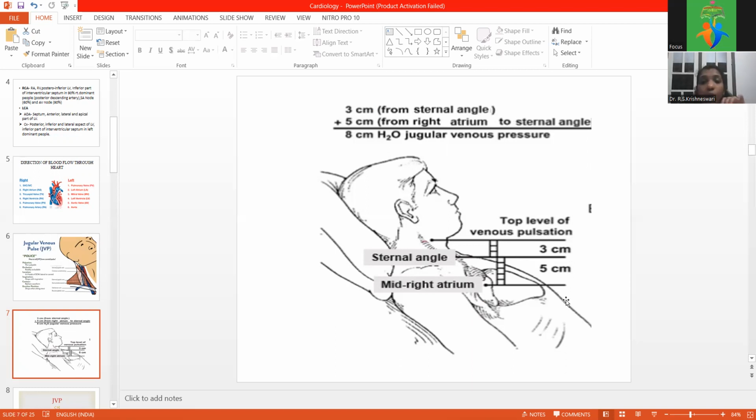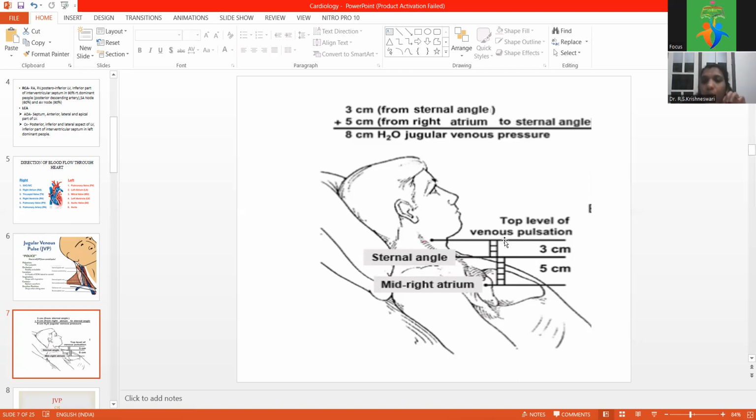You understand? We cannot see the 8 centimeters. We can see only the 3 centimeters from the sternal angle to the top level of the venous pulsation. So if the question is asked, the height of the jugular venous pulse from the sternal angle to the top level is 3 to 4 centimeters.